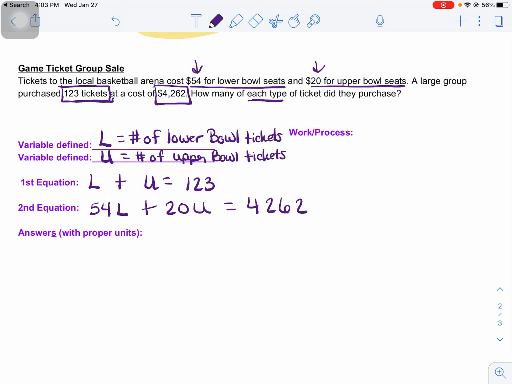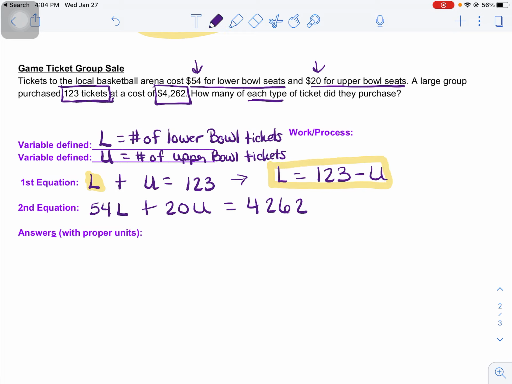Now you're going to use substitution and solve. Remember, you have to find one variable to solve for and get it alone. We don't have that right now, so maybe we solve for L. So we're going to change this first equation to be equal to just L. So L equals 123 minus U. And now you have something to use for your substitution.